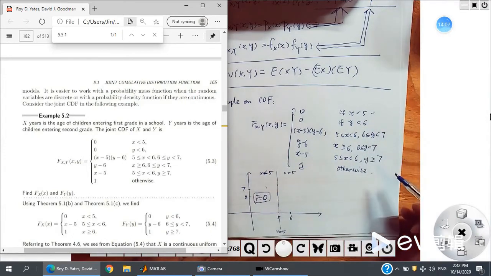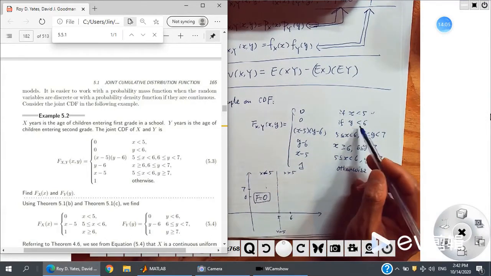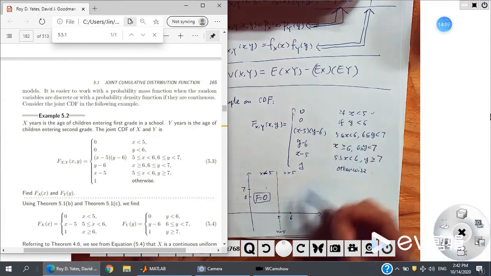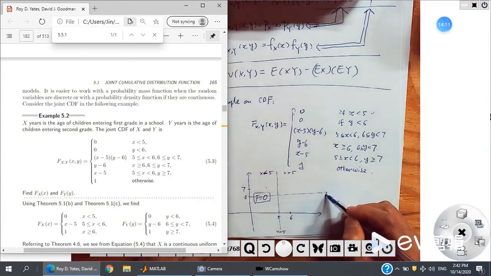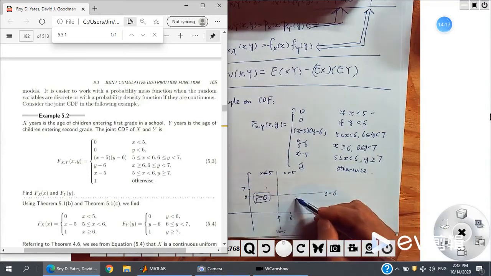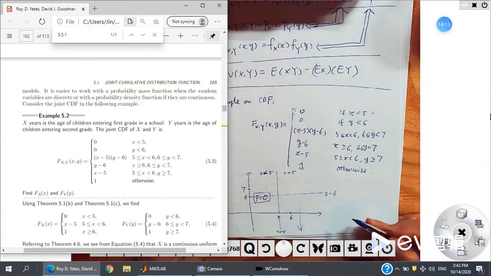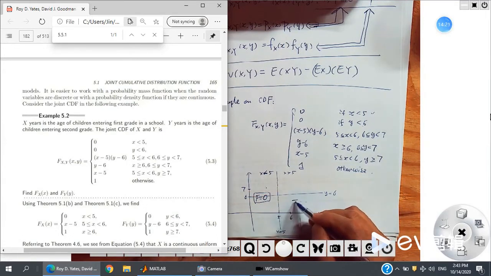And the second one, when y is smaller than 6. This is y equal to 6. Smaller than 6 will be this side, and it is also 0. So this is also F equal to 0.